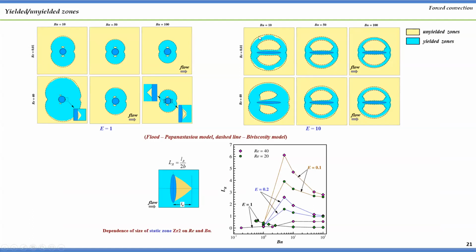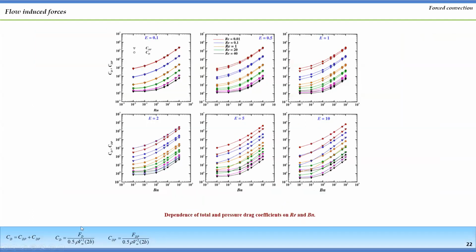Now coming to the drag coefficient. What is this drag coefficient? Drag coefficient is nothing but the force exerted by your fluid in the direction of the flow due to this geometry. Here we are able to see that the drag basically decreases as the Reynolds number increases, and you can see that as the Reynolds number increases from here to here, your drag value drops down.